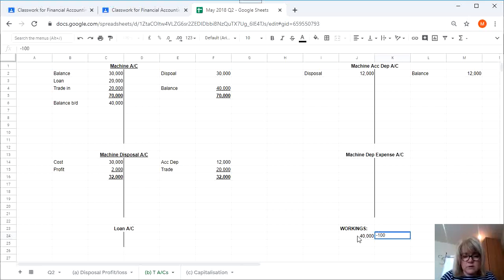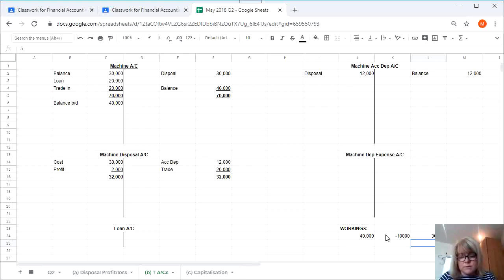So I'm just going to show you the workings here. So in other words, we are depreciating 40 minus the 10, which is 30,000, and that's over a period of 5 years, so we're dividing by 5.